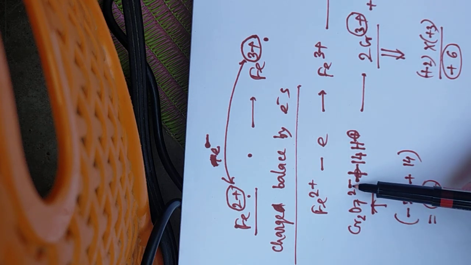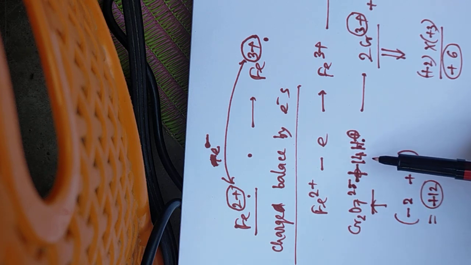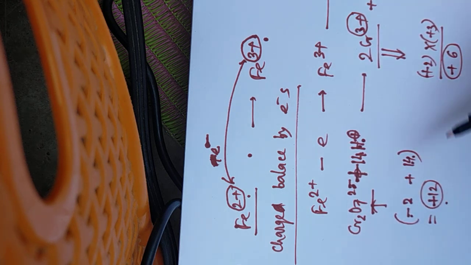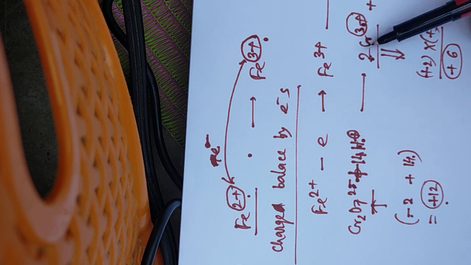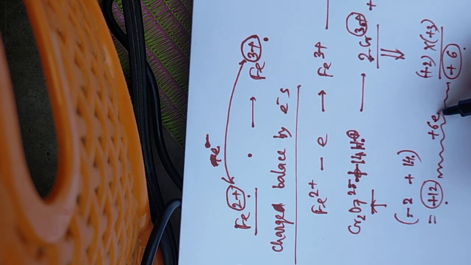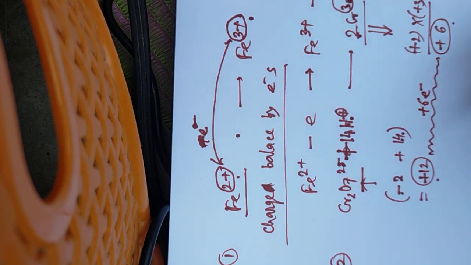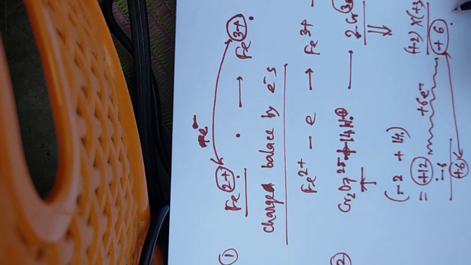So the charge difference is 6. This charge difference is balanced by adding 6 electrons, because electrons are negatively charged. So minus 6 plus 12 means total will be plus 6. So the left side and right side charge is balanced.